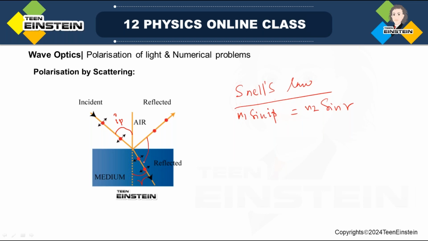Since this angle is 90 degrees, and this is also I_P because angles of reflection are the same, I_P plus R is 90 degrees in total.